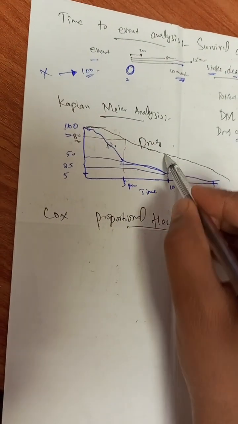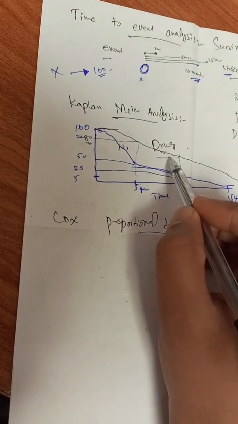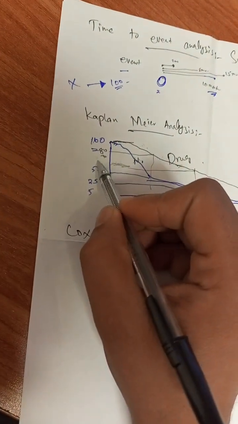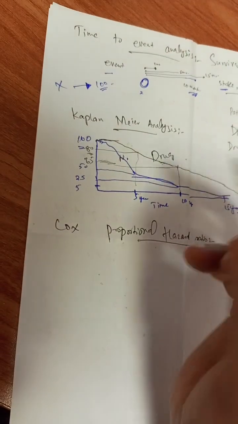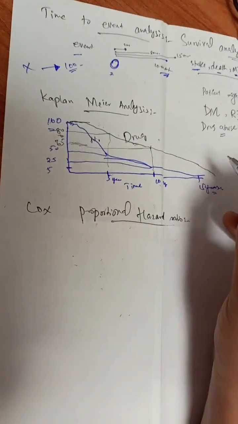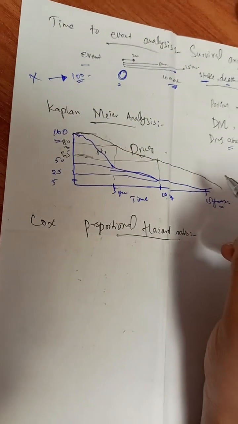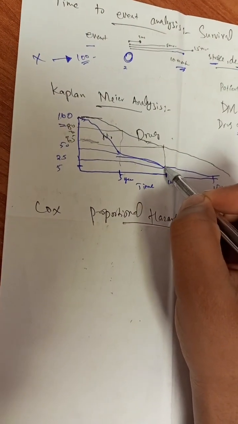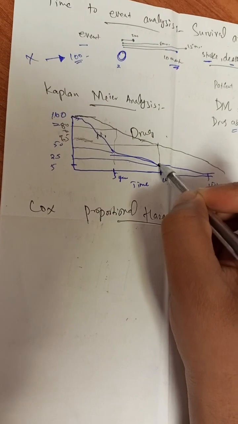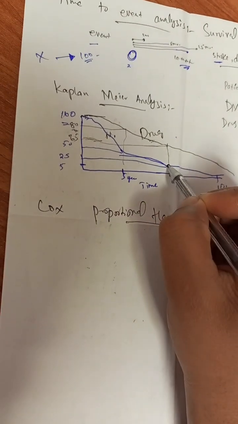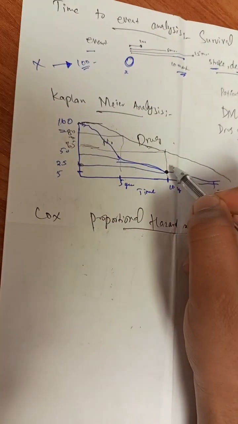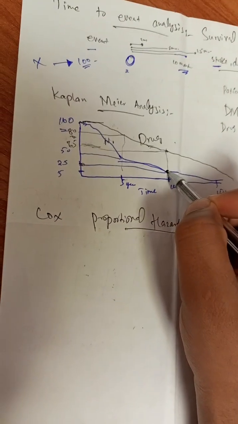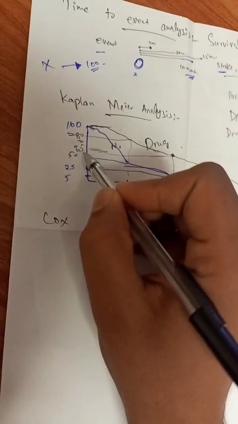Now after 10 years, we saw that there are around 65 patients surviving with the drug intervention. We are comparing that without drug intervention, the survival at 10 years of follow-up was only 25, but with drug intervention the survival has increased after 10-year follow-up to 65.